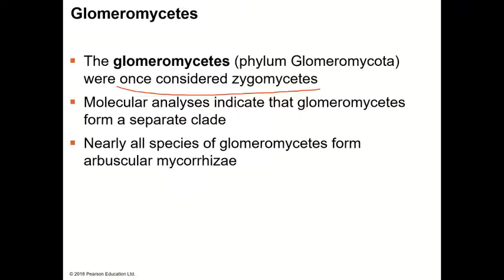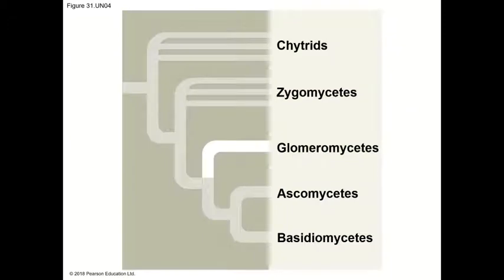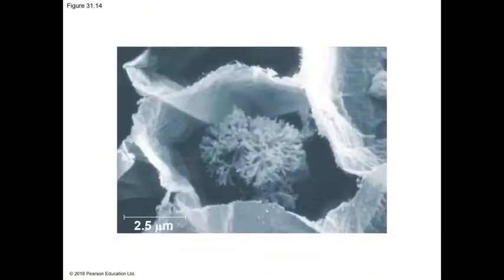So that's the reason why we don't really see these types of fungi, because they usually associate themselves with the roots of plants as mycorrhizae. Okay, so this is how it would look like inside a plant cell in the roots.